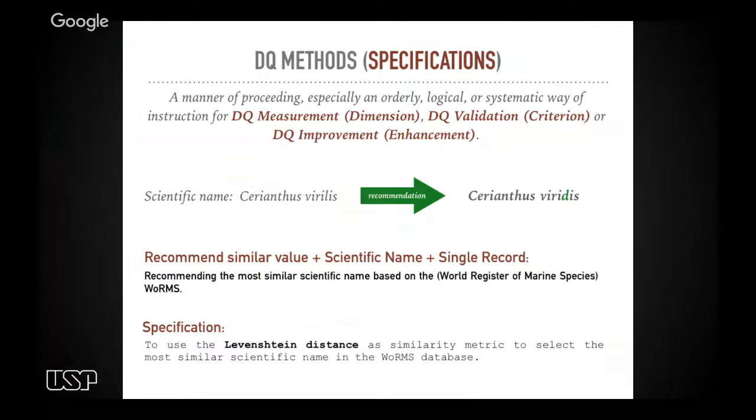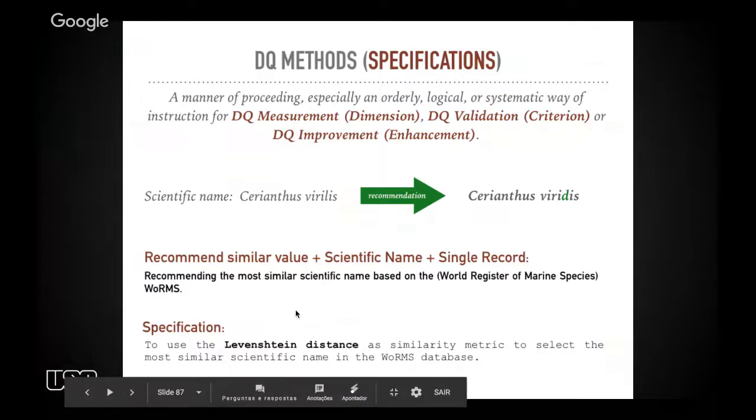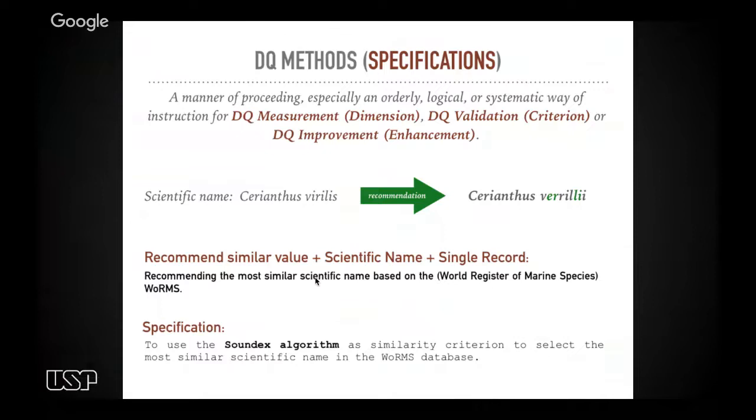If I use this specification for this recommendation, I would have for this record, let's say, the scientific name Serianthus virilis, Serianthus viridis, because there is only one character different, so it's very similar considering the Levenshtein distance.